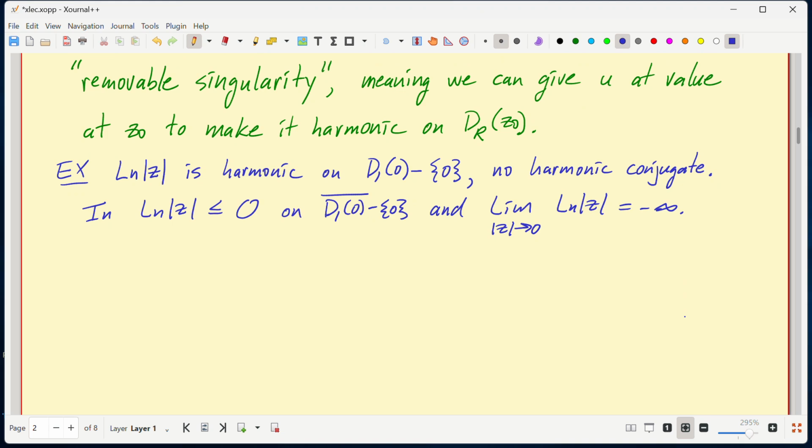Okay, so in the proof we can reduce our attention to the unit disk again. I have a quick question. Wouldn't that just be harmonic on D_1 minus 0, removing the entire vertical line?